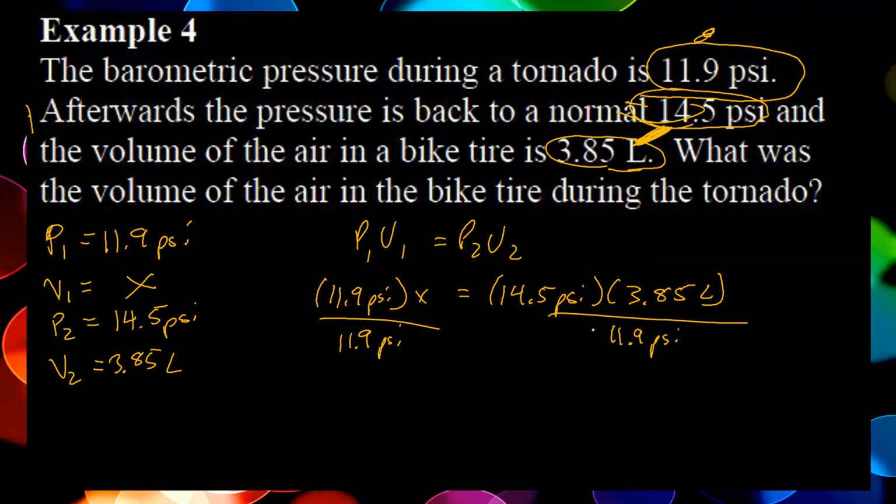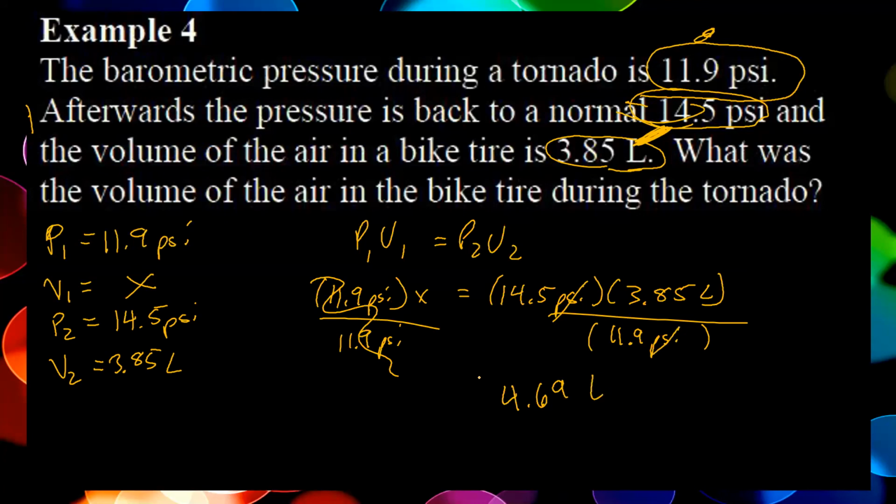And how many digits do you see in everything? 3, so let's keep 3. So what do we get for the volume of my bike tire during that tornado? 4.69. And let's see, PSIs have canceled, so liters.